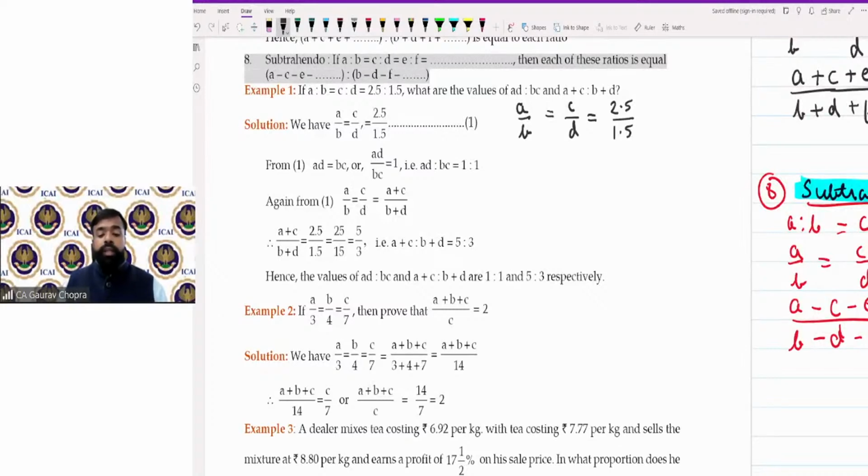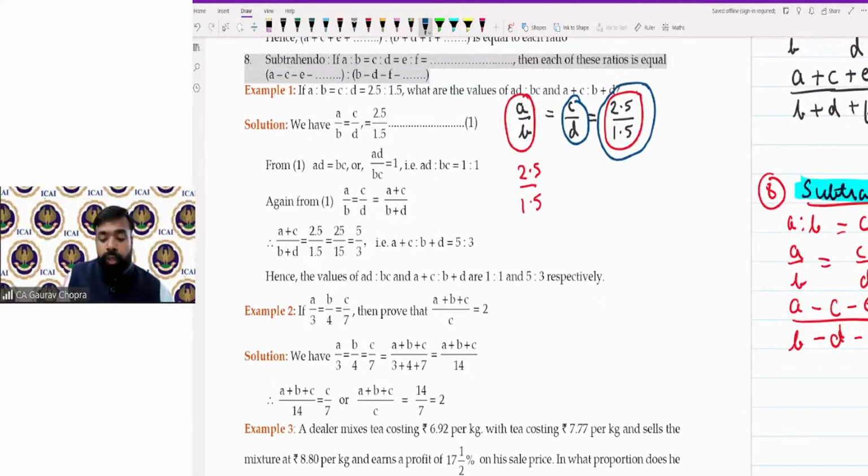Now, in order to calculate this AD ratio BC, we have to do the cross multiplication. So let us substitute the value. The value of A by B is 2.5 upon 1.5, so we write 2.5 upon 1.5 in place of A by B. Also, the value of C by D is the same, 2.5 upon 1.5.